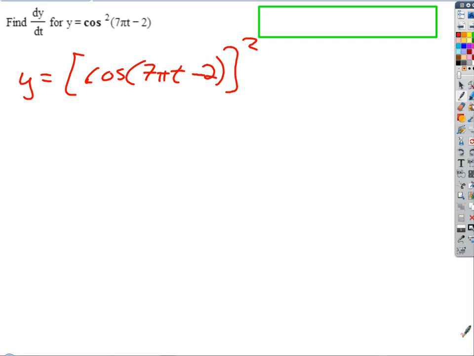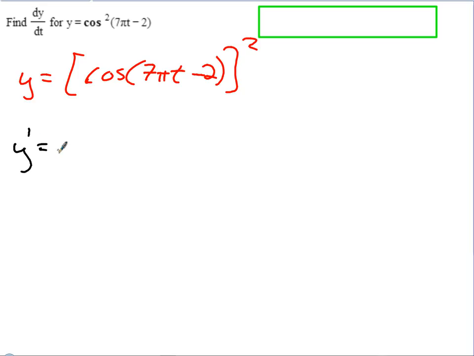Okay, so this one we said we've got to rewrite this function so we can see all 3 layers and see how to apply the chain rule. Now we just have to do the chain rule. So what's the first layer, the first link in the chain? Squared.